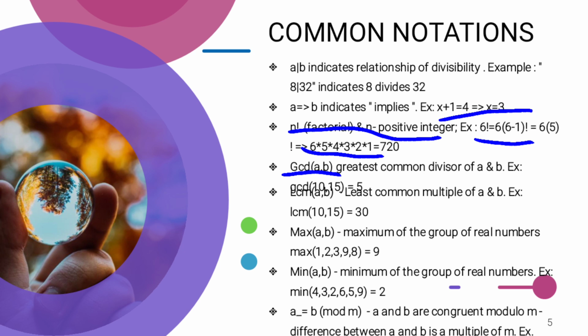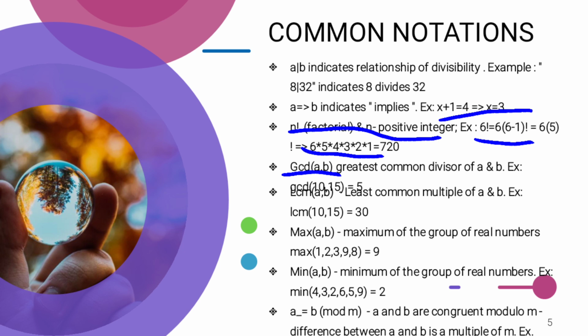Next, minimum of a comma b. Minimum of a group of real numbers. Example, minimum of 4, 3, 2, 6, 5, 9 is nothing but 2. That is, minimum of a comma b means it is the smallest number of the group of real numbers.